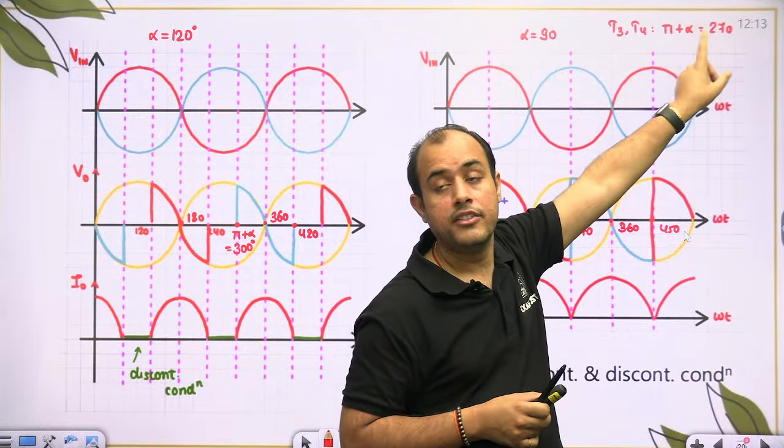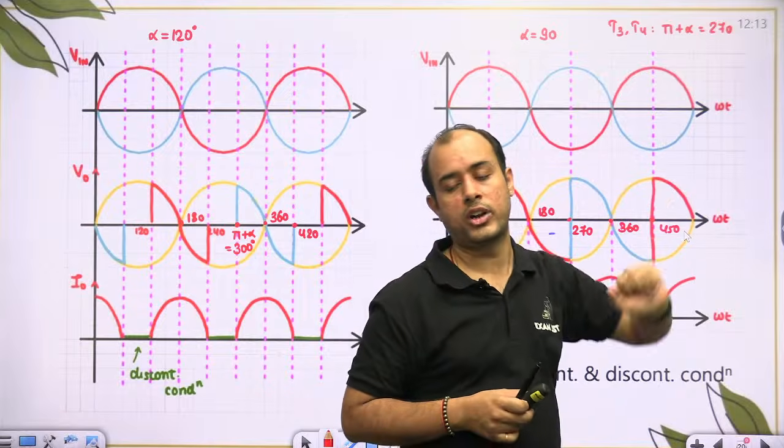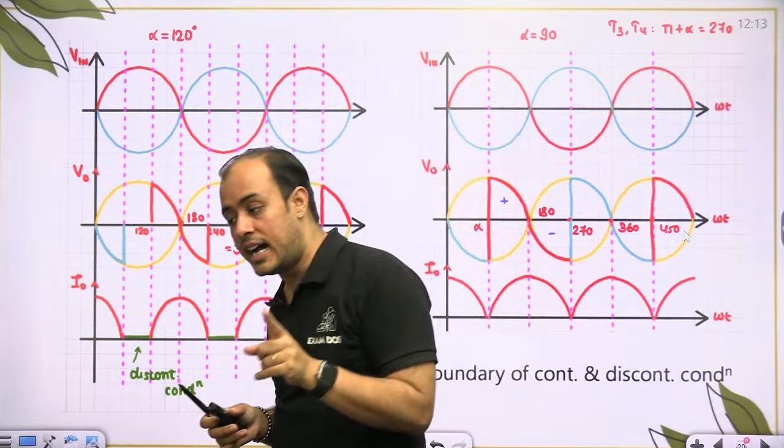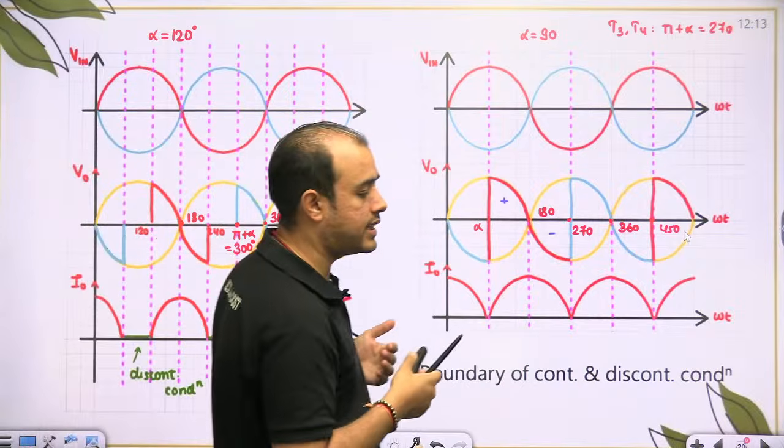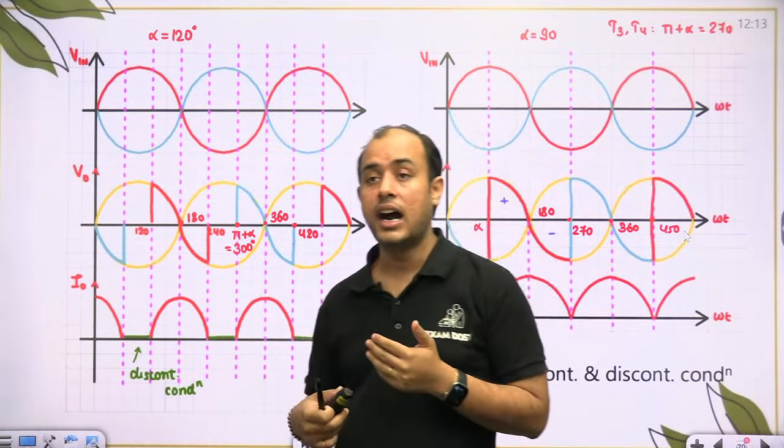Alpha is 60. Which means they will start at 240.